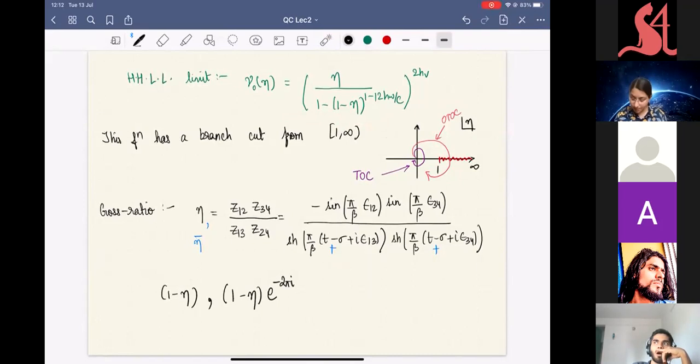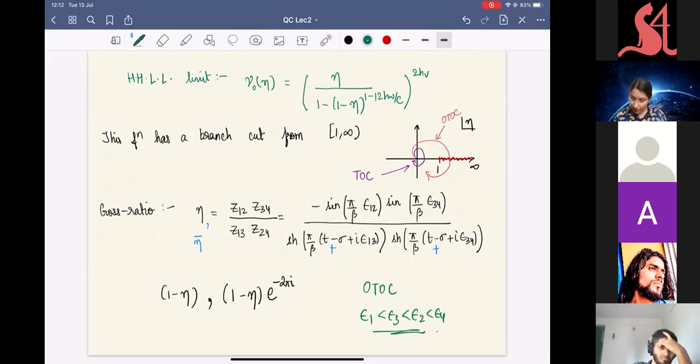That's the question. For the out-of-time ordered correlator, we have the ordering epsilon 1 less than epsilon 3 less than epsilon 2 less than epsilon 4. When we substitute this ordering in the cross ratio and simulate in Mathematica, as time increases, the out-of-time ordered correlator crosses this branch cut.